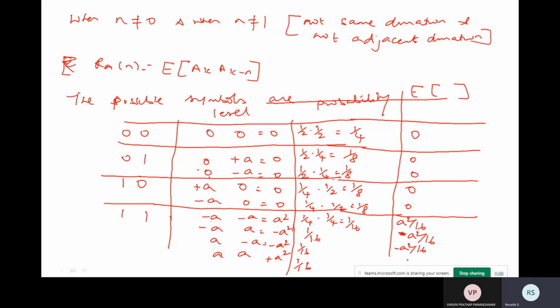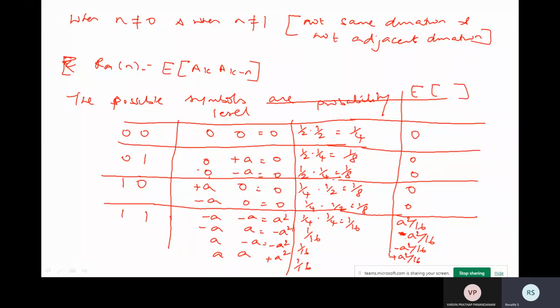So when you are talking on the autocorrelation function, expectation of AK minus N for all possible combinations. Individual possible combinations I have written here in the column. So for all possible combinations, you have to sum all these in the last column. So when you are performing the summation, you get only 0, because you can see here you are having plus A square by 16, here minus A square by 16, again minus A square by 16 and plus A square by 16.